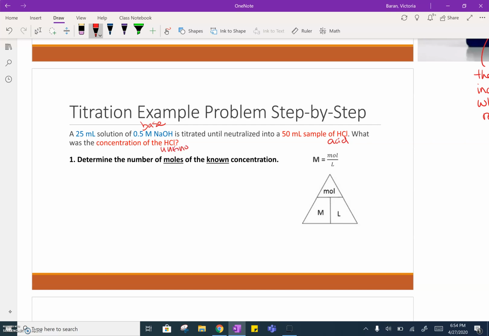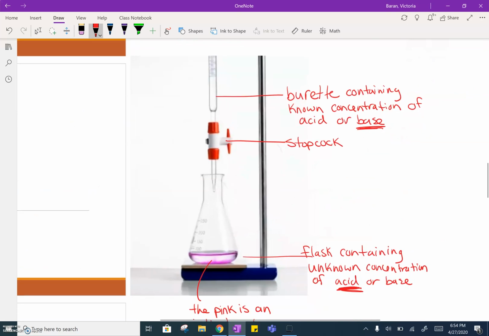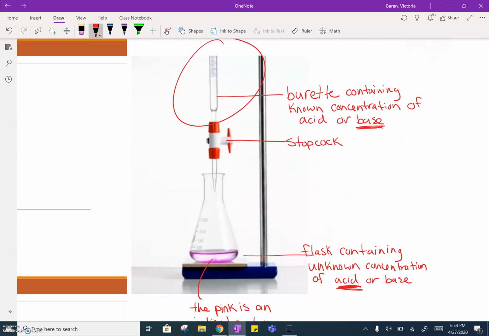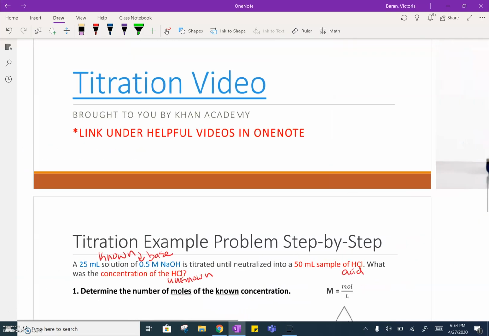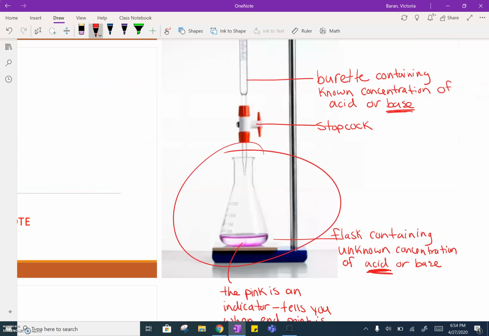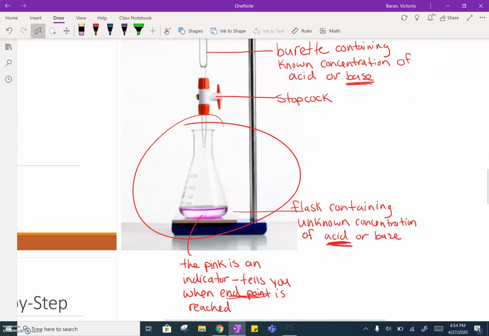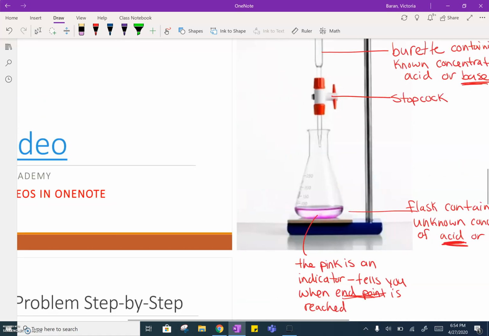So this has to be our unknown, and this has to be our known because we know the concentration of this. So essentially you have the NaOH in your burette, and you know its concentration, and you used 25 milliliters of that to neutralize the acid, which in this case is the HCl, and there are 50 milliliters of that in here, and you don't know its concentration.